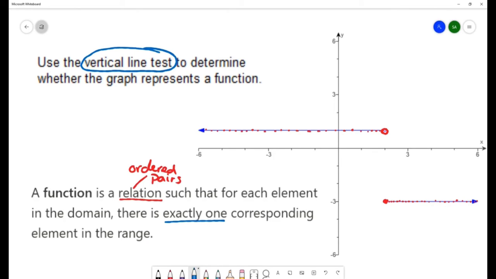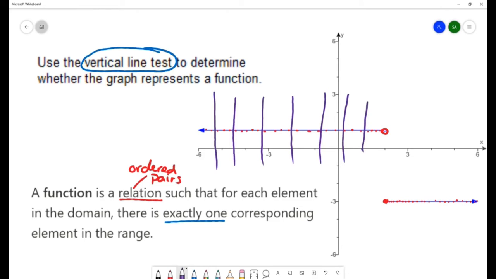So when we do the vertical line test, what you do is you draw vertical lines everywhere on the graph. I'm going to especially pay attention to this kind of strange spot where the two lines kind of meet each other, and then all the other vertical lines along here.